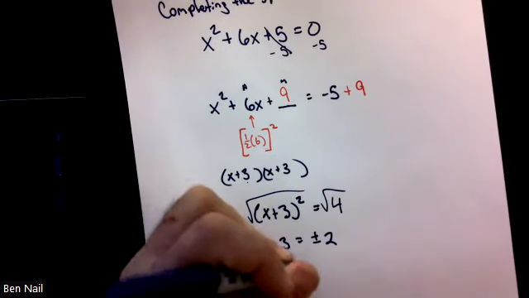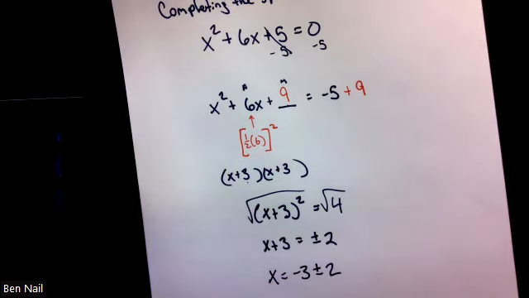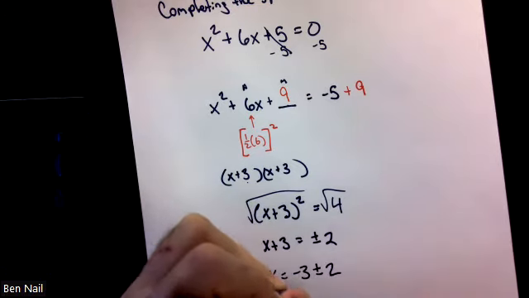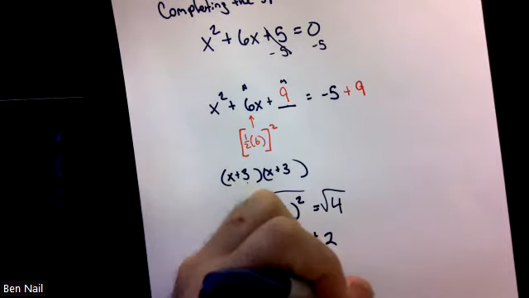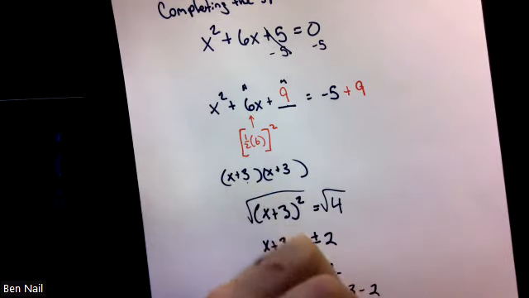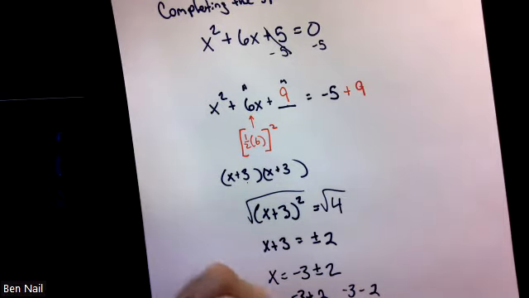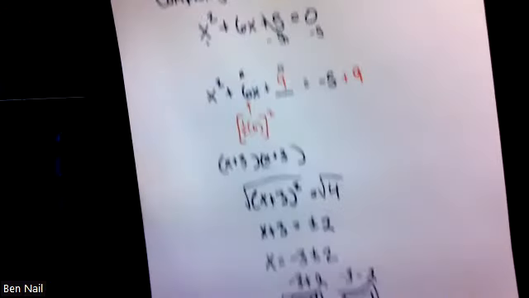Subtract 3 from both sides. There we go. So -3 plus 2 is -1, and -3 minus 2 is -5. These are my solutions to this original function.